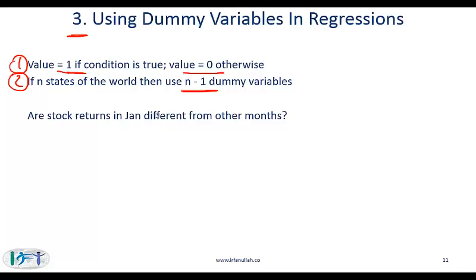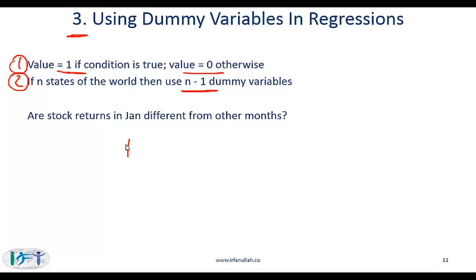In your analysis then, there are two states of the world. Either it's January or it's not January. So what will you say? If you are dealing with January, then the variable is 1. If it is not January, then it's 0. There are two states of the world, and you just need one dummy variable, because one dummy variable will tell you whether it is the month of Jan or not. Right? So that is the basic idea.